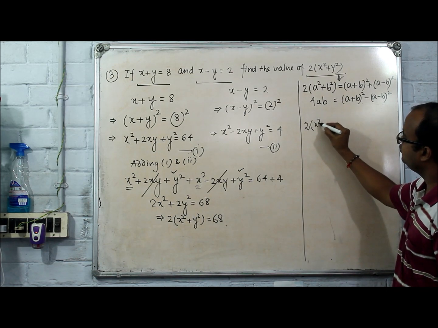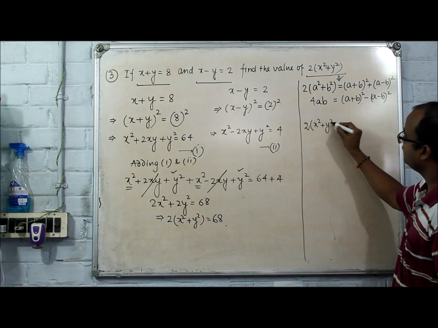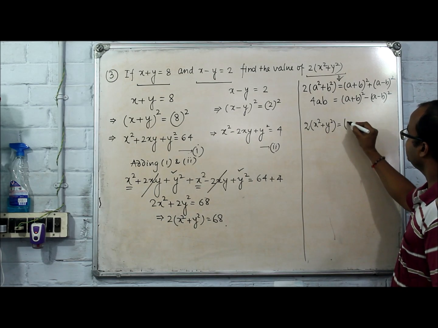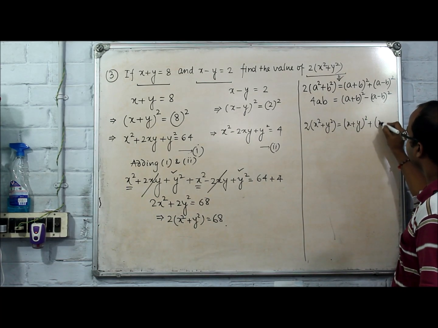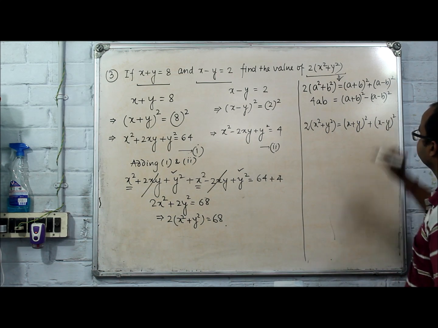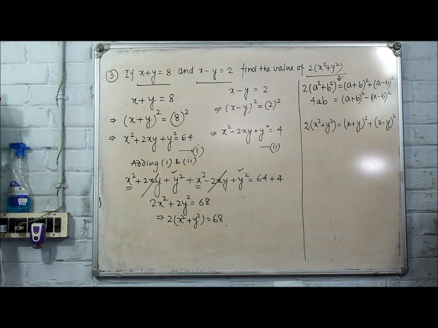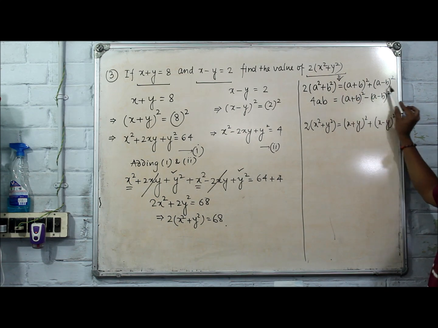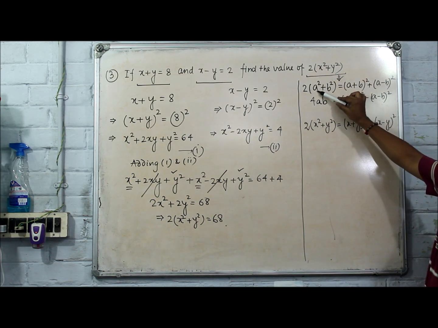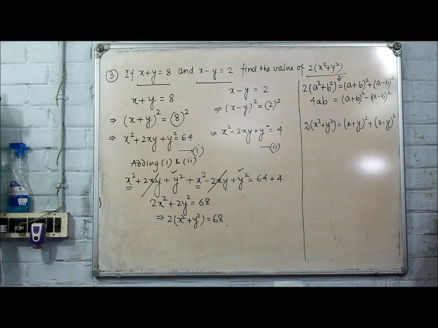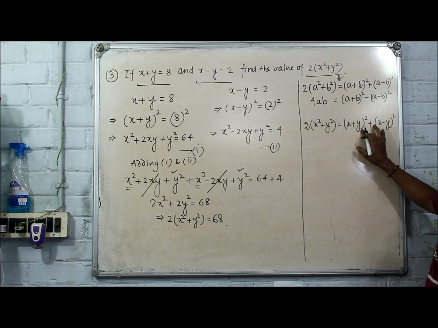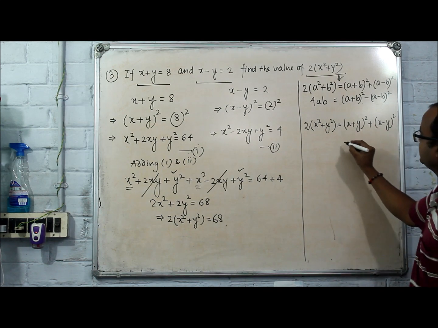In place of 2 into x square plus y square, you can write x plus y square plus x minus y square. Clear? In place of a we have x, in place of b we have y. So 2 into x square plus y square is equal to square of x plus y and square of x minus y.